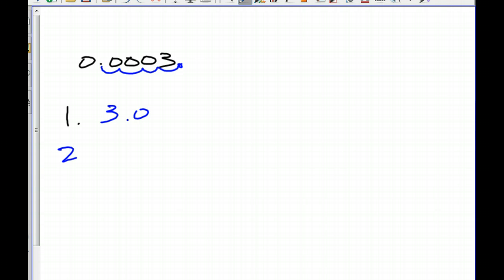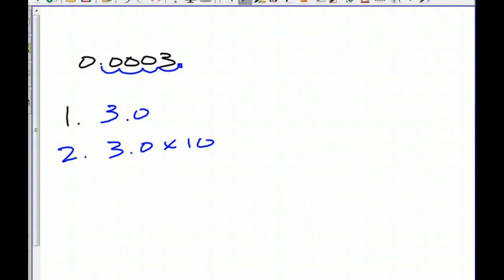Second step is you put a times 10, which isn't too terribly difficult. And then the next statement is, how many decimal places to the right did I move it? 4.